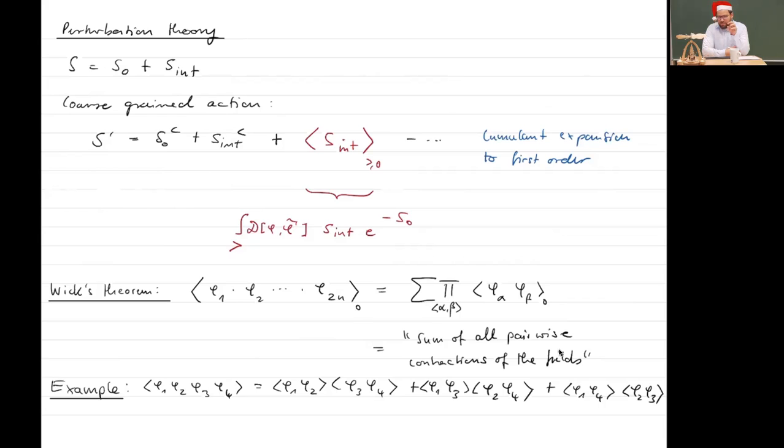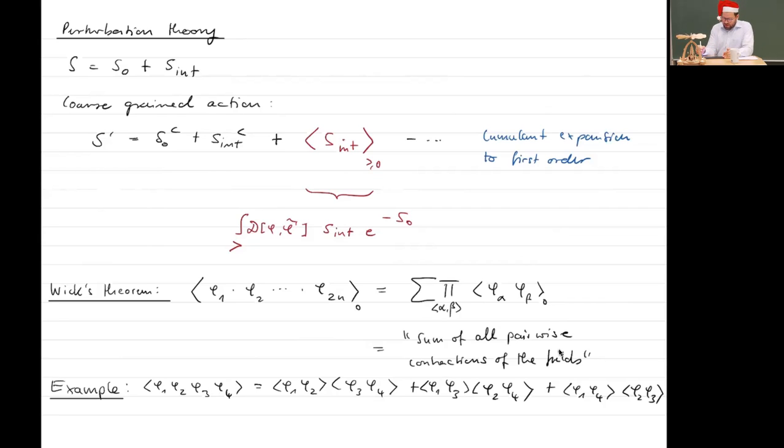is this. These calculations are really lengthy. For this coarse graining step, I just give you an overview of the steps, but I don't perform the actual integrals.